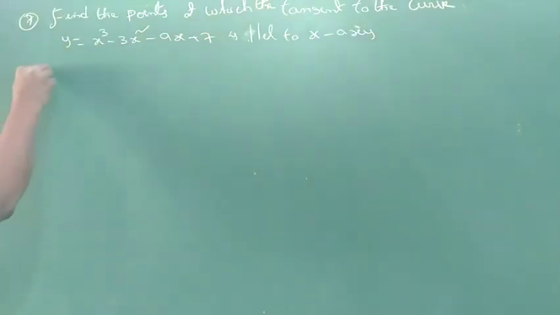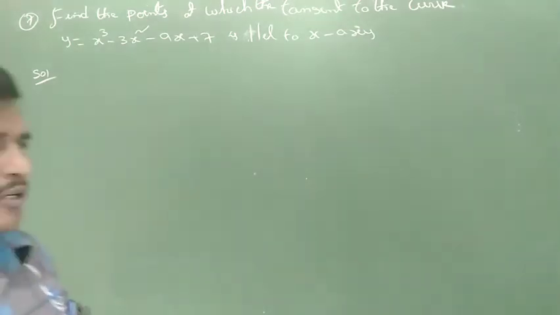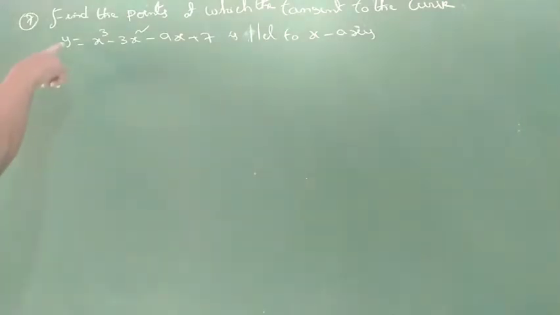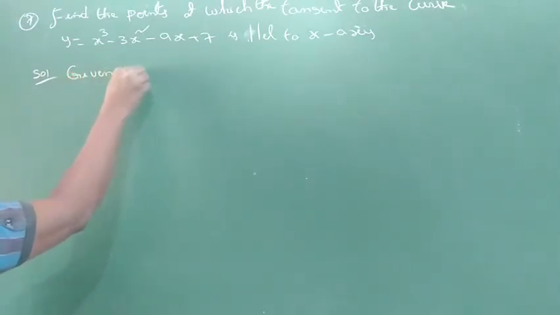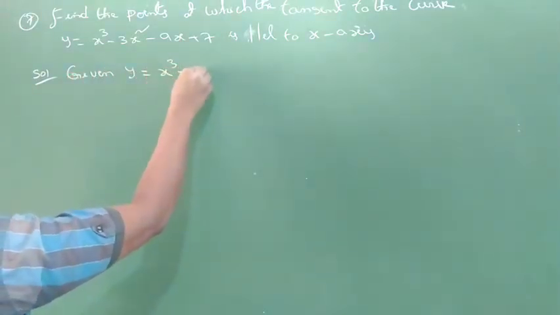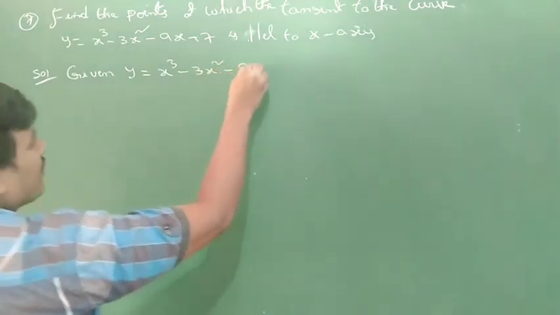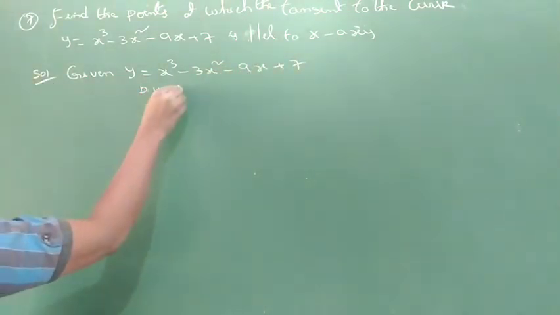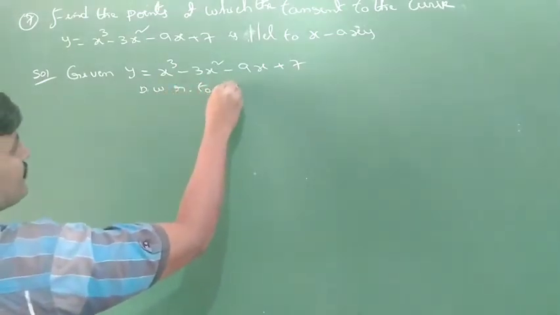In any problem on tangents and normals, first of all we have to find the derivative of y. So given y is equal to x cube minus 3x square minus 9x plus 7, differentiate with respect to x.